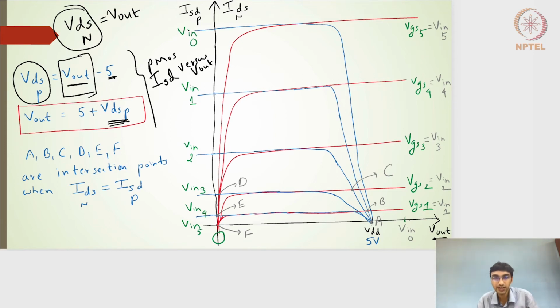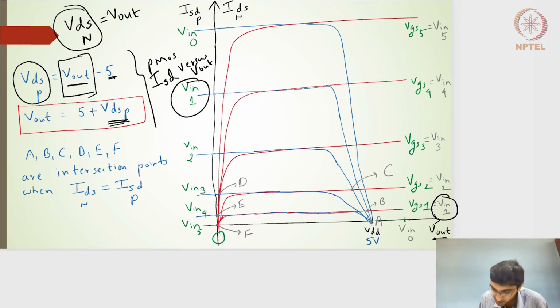So somewhere it will intersect. If I pick a point, let's say input of 1 volts, the PMOS is this particular blue line. NMOS input is 1 here, this one. There is a linear region and then it goes to the saturation region.